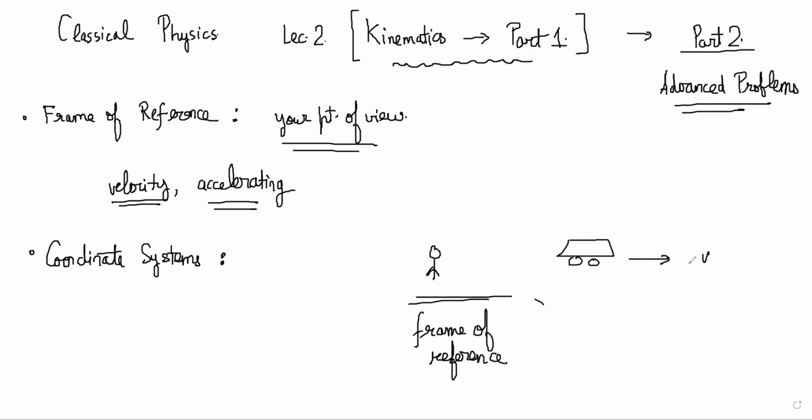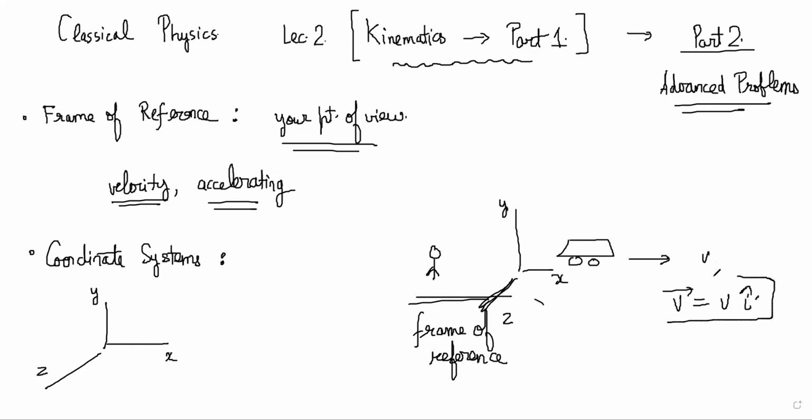However, you will not be able to meaningfully assign direction and magnitude to this velocity until you define where is your x-axis, where is your y-axis, and where is your z-axis, right? So unless you say that this is my xyz, or you can place your coordinate axis here, let's say x, y, and z, in that case, then you will be able to say that the velocity is equal to something v in the i cap direction, right?